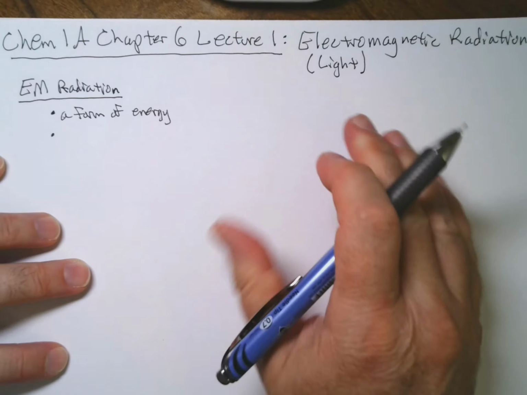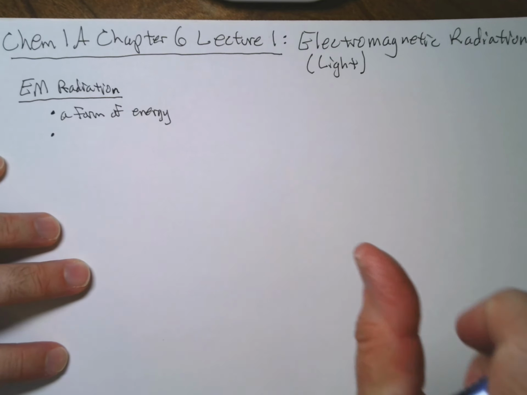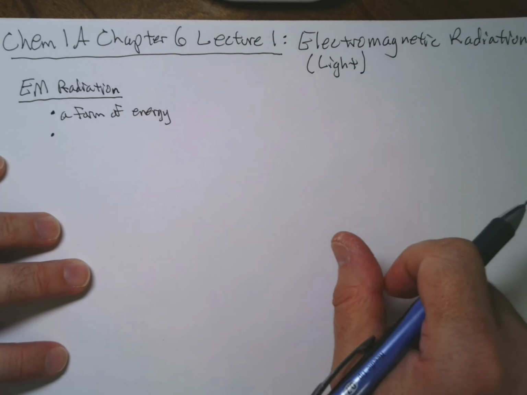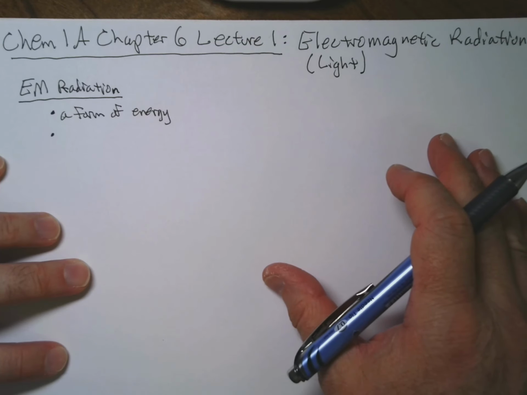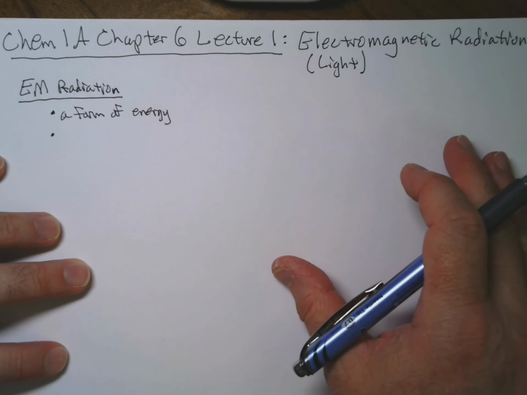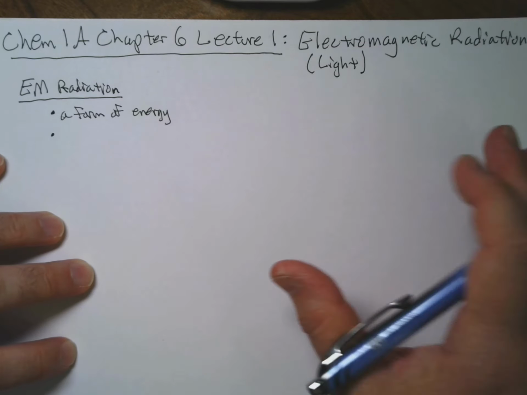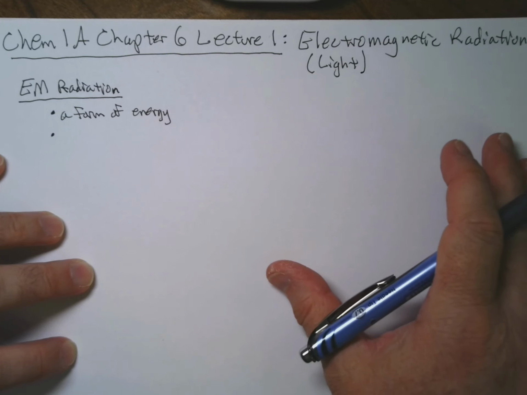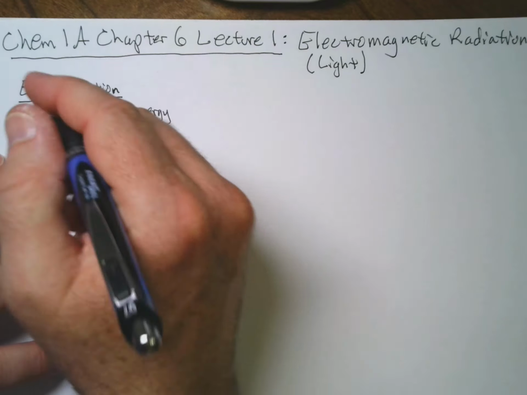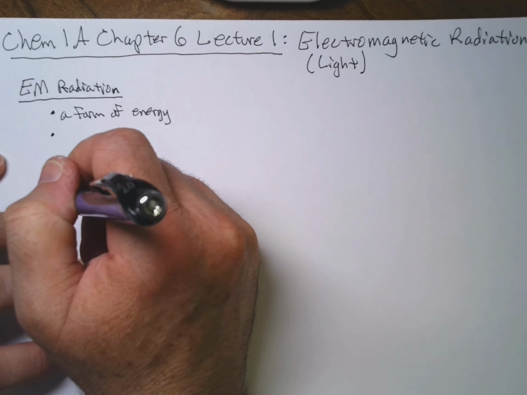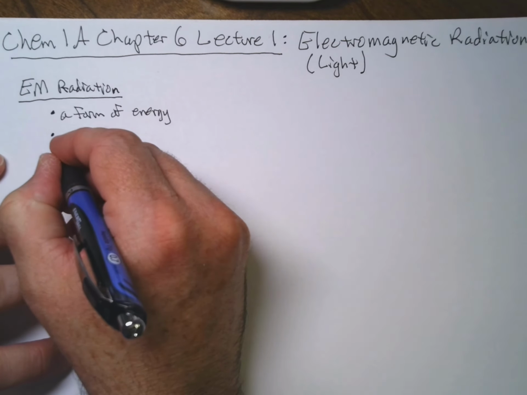In fact, a lot of times I'll use light as a word for electromagnetic radiation: X-ray, UV light, ultraviolet light, infrared light, where perhaps saying radiation might be more appropriate. But anyway, some properties of light, electromagnetic radiation.